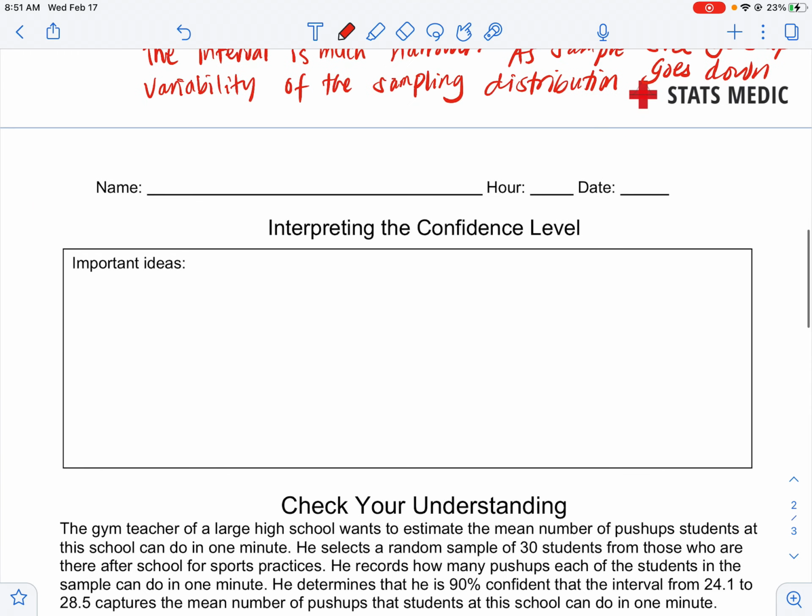Okay, so what did we learn today? We have learned to interpret the confidence level.